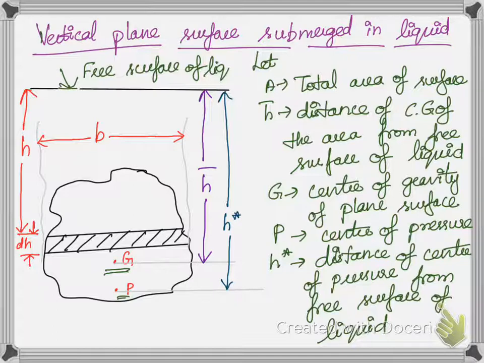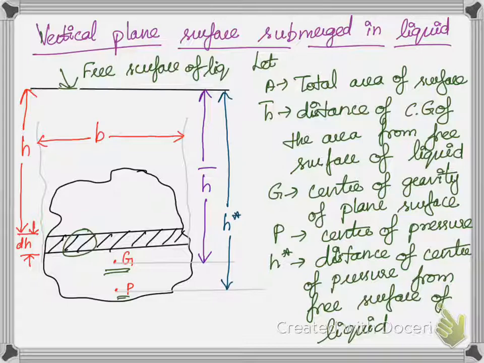So how can we determine the total pressure? It will be very difficult to determine directly. So for these kinds of cases, what we will be doing is dividing the entire surface into a number of small parallel strips.